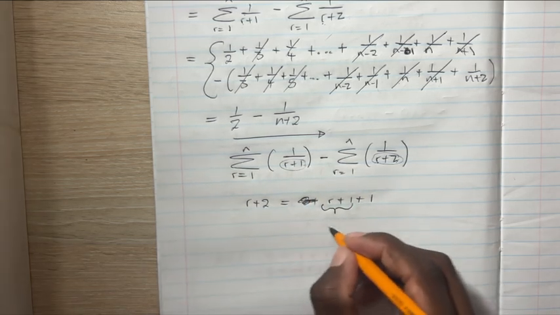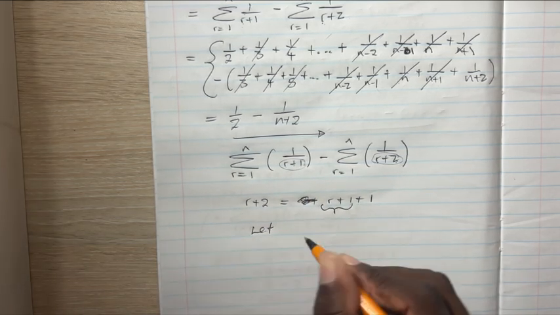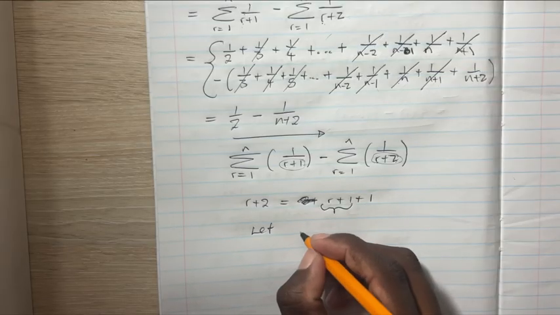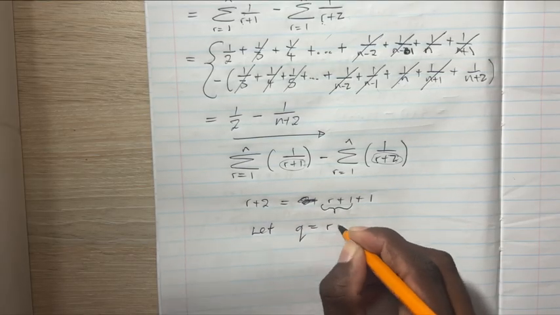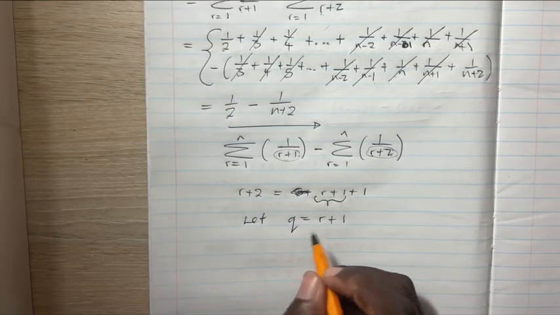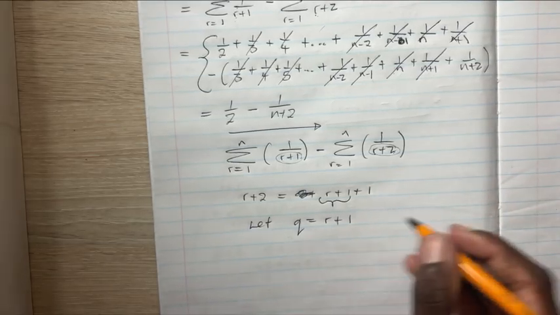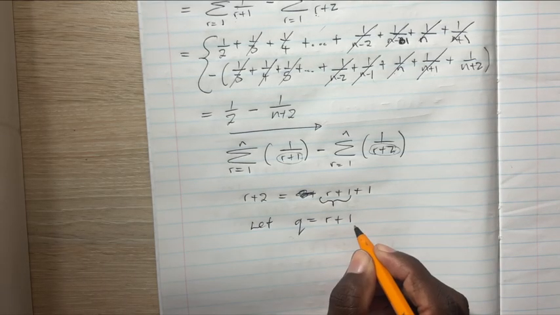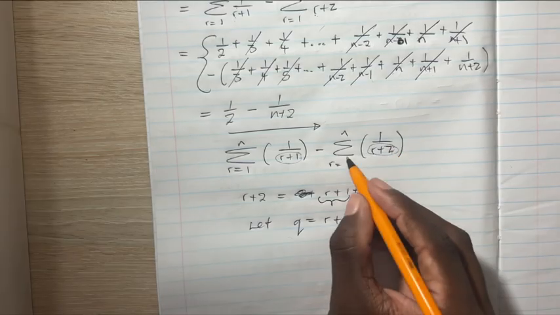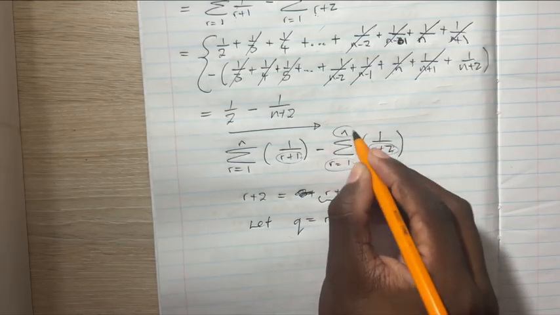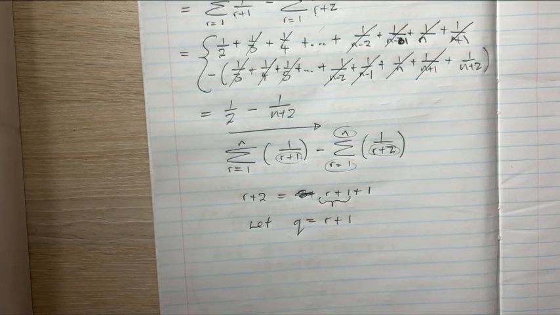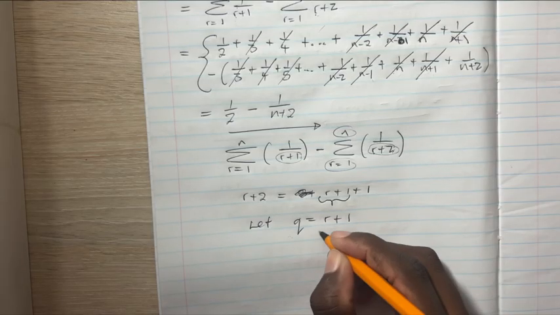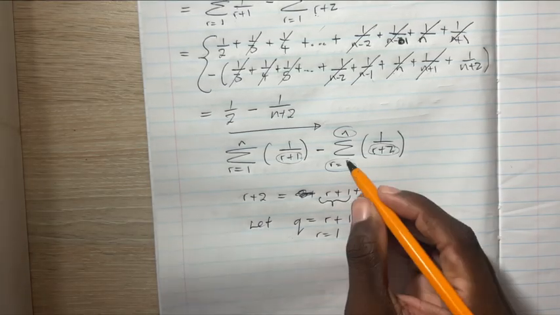So let q equals r plus 1. Doesn't matter what alphabet you use, it's a dummy variable. Q equals this, right? Now we need to change these bounds as well to be in terms of q. We had r equals 1 here.